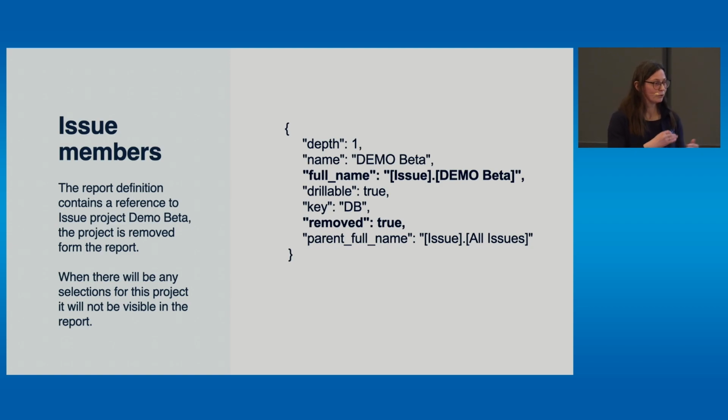Because at some point during the report creation, I removed it because it was not relevant to me at that point. And the report definition actually remembers the steps, and it's put in here as selection removed. For example, if I import this report into a child account where there is this project Demo Beta, even if I select the project, it will not be visible in the report because it is removed from the definition.